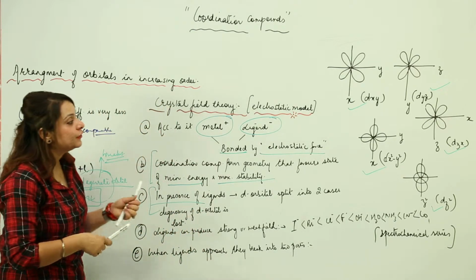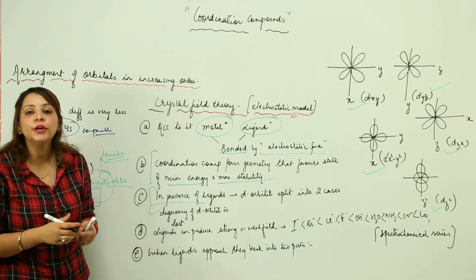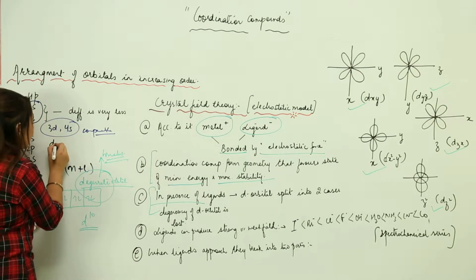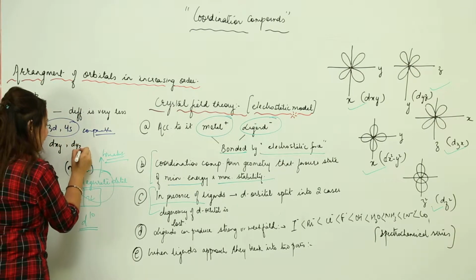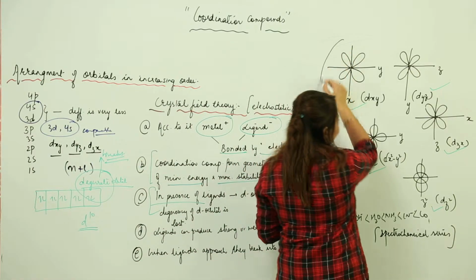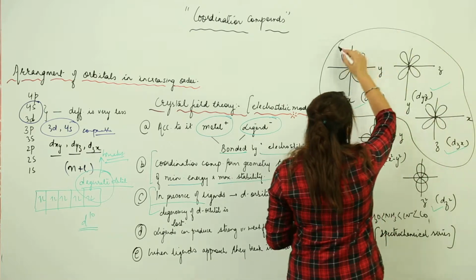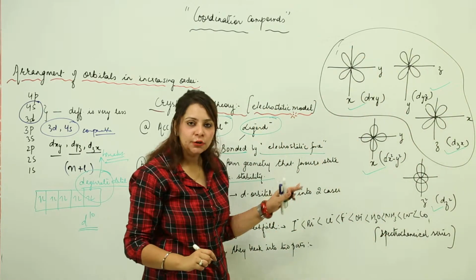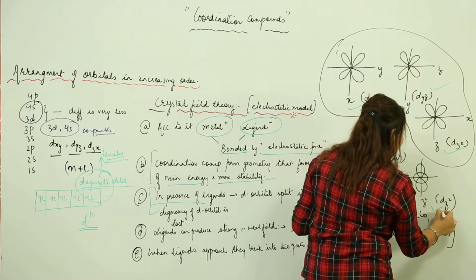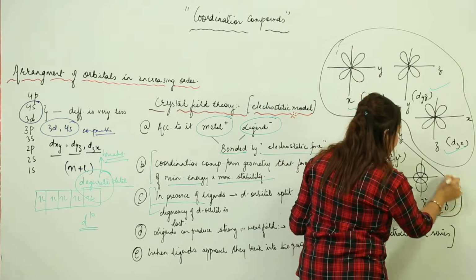So now out of these 5 orbitals, which orbitals are going to possess higher or lower energy? Just look at the board. The energies of dxy, dyz and dzx are similar to each other, and the energies of dx square minus y square and dz square are again the same.